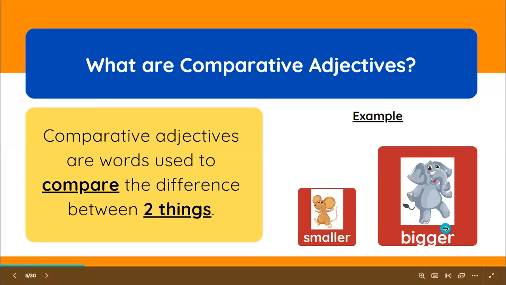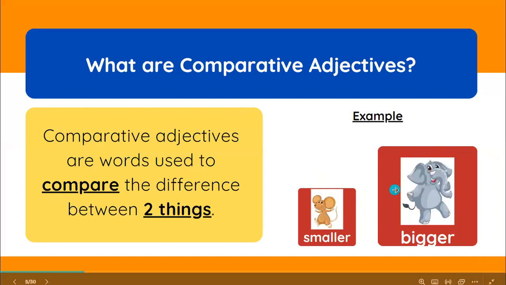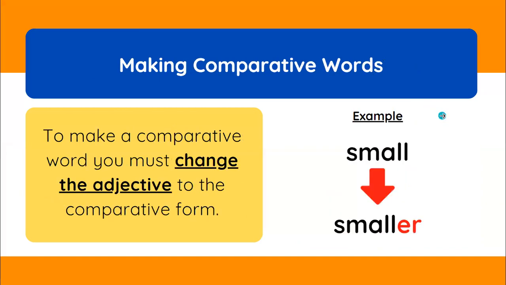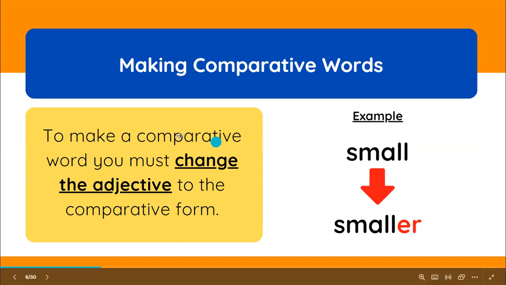Yes, the elephant is bigger than the mouse. Okay, good job. Don't forget that in comparatives we use the word than to emphasize that we are comparing two things.